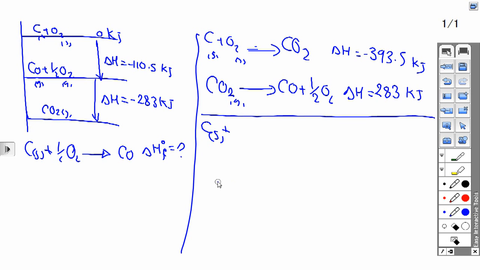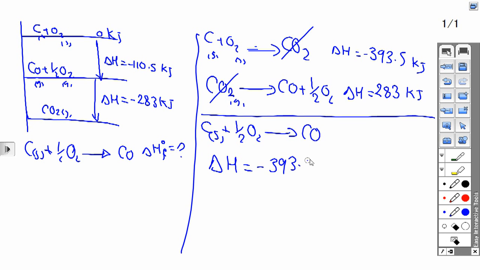C, we don't have other C, so C plus O2, one, and half O2 in the product. Sum one minus half equals half in the reactant, right? CO2 and CO2, we will cancel them, equals CO. In this case, we can add delta H equals negative 393.5 plus 283 equals a number of kilojoule.